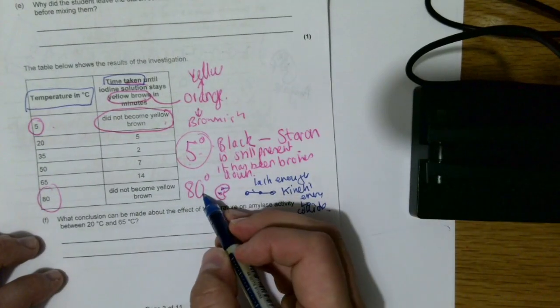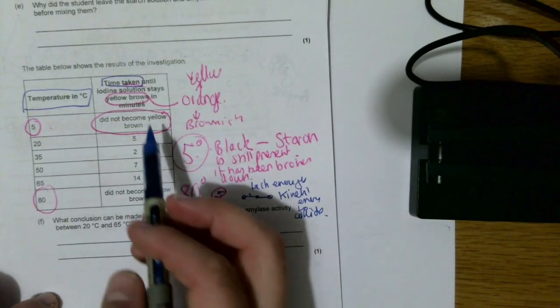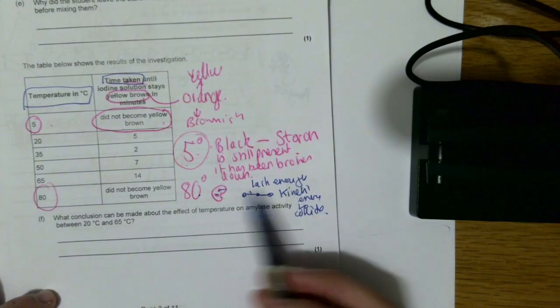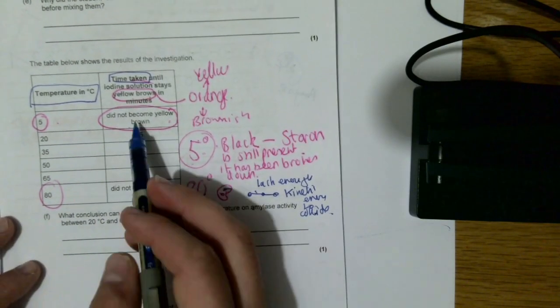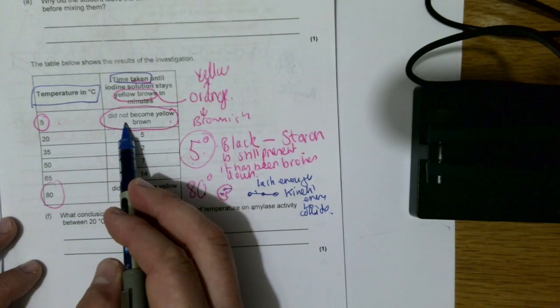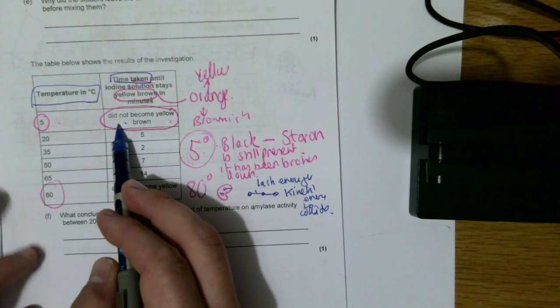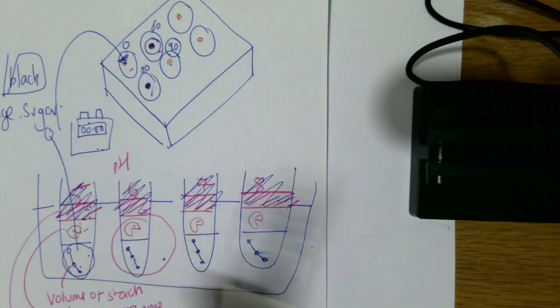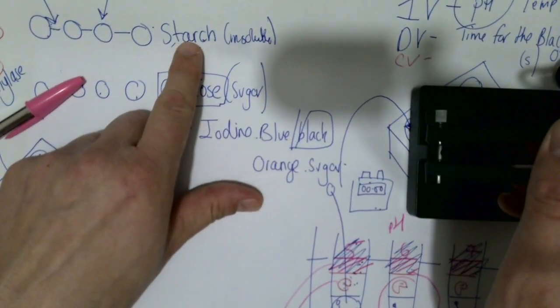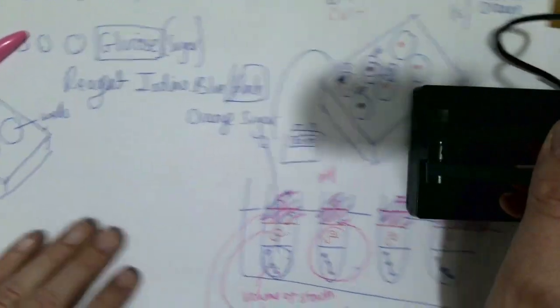And when they collide, a reaction will take place, but it hasn't because they don't have enough kinetic energy in order to collide to therefore break down the starch into glucose.